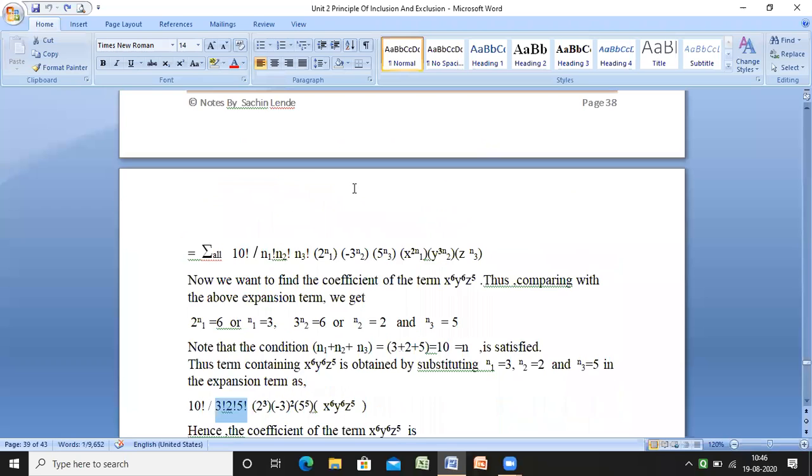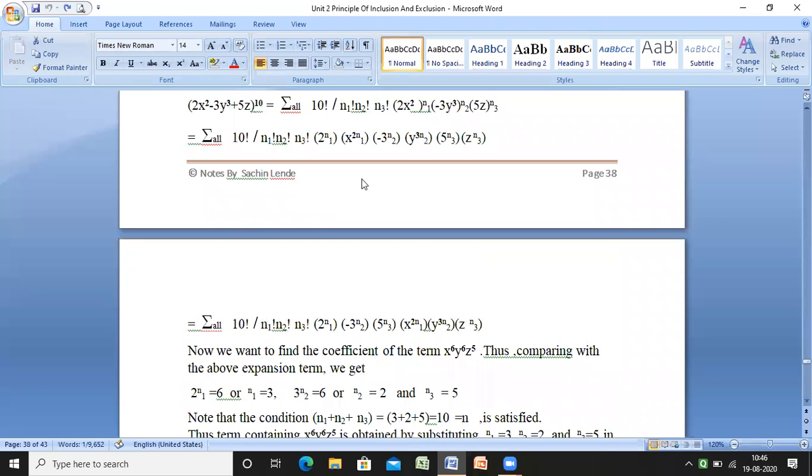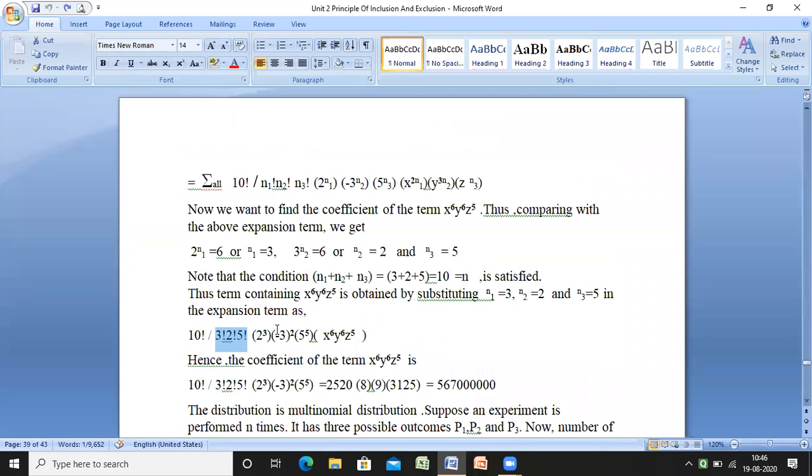Now, what was the formula? In the above example, we separated these numerical parts with x, y, z. We get 2 to the power n1, minus 3 to the power n2, and 5 to the power n3, and we put up those values: 2 to the power 3, since n1 is 3; minus 3 to the power 2, since n2 is 2; and 5 to the power 5, since n3 is 5.